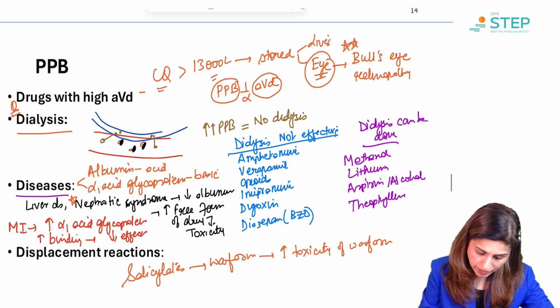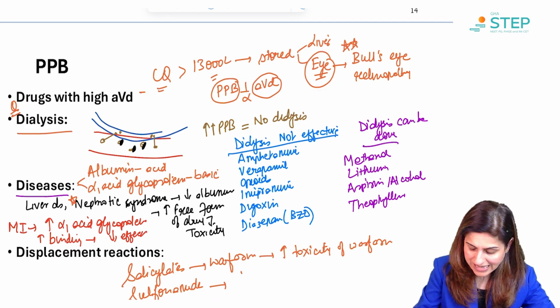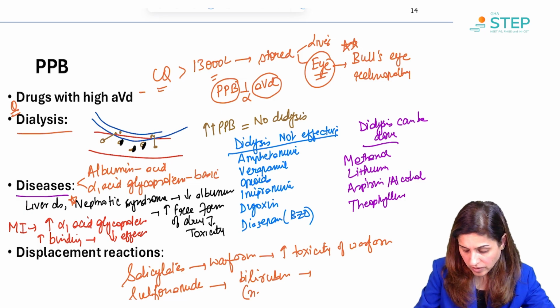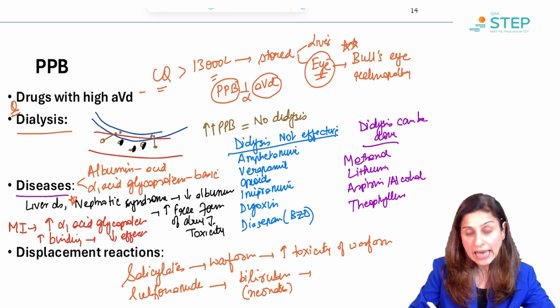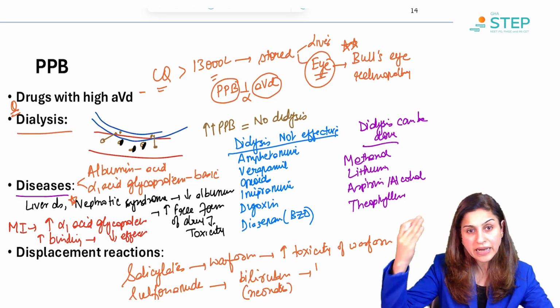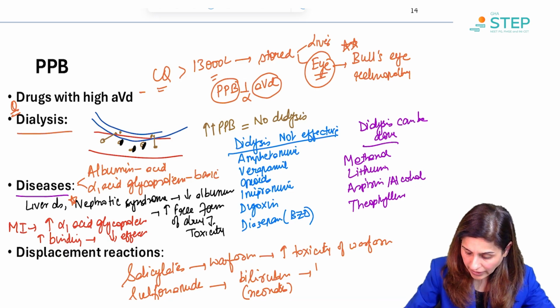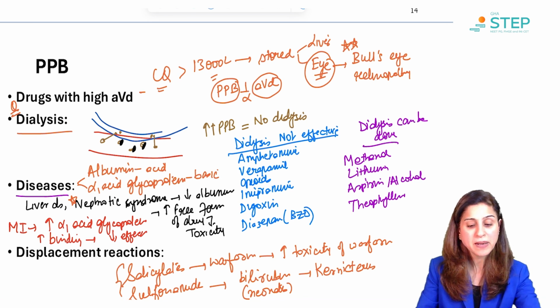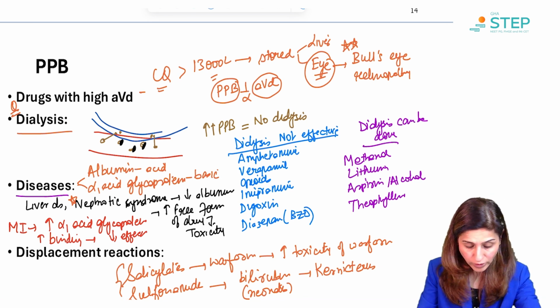Another important one is sulfonamides. Sulfonamides can displace bilirubin from the binding site, especially in neonates. This leads to bilirubin entering the brain of that neonate, and it leads to a condition called kernicterus. So these are two important displacement reactions which you should know.